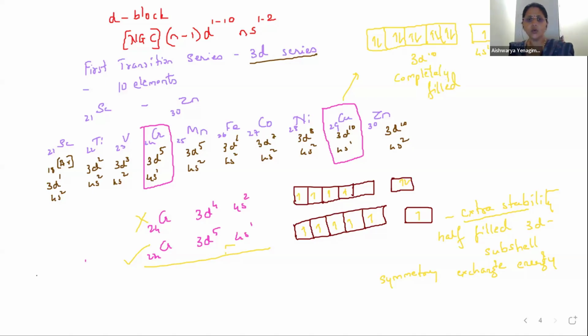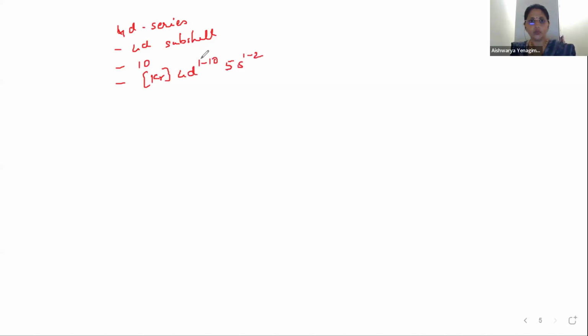Okay, then coming to the second transition series, we call it the 4d series. It accommodates the filling of 4d subshells, and here also there are 10 elements. For the general configuration, we write the noble gas, which we take as krypton, followed by 4d 1 to 10 and 5s 1 to 2.